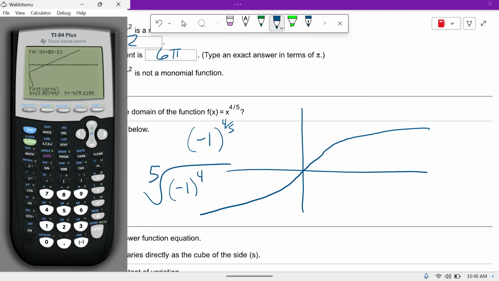So if we graph y equals, clear, clear, clear, x raised to the parentheses 4/5 power. Yes, I could have made that a fraction if I wanted to, but it works this way too.